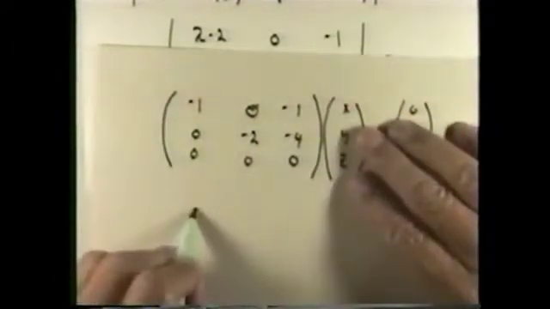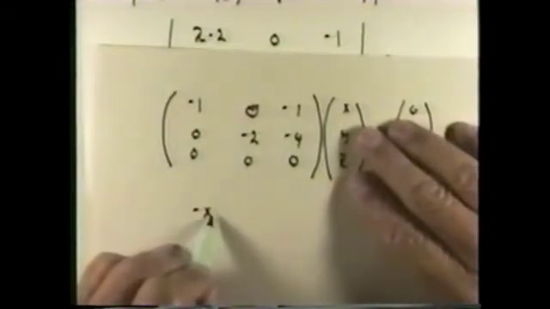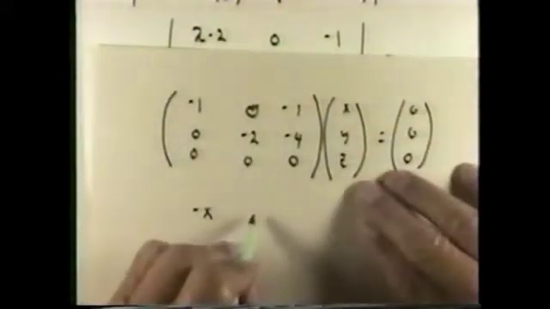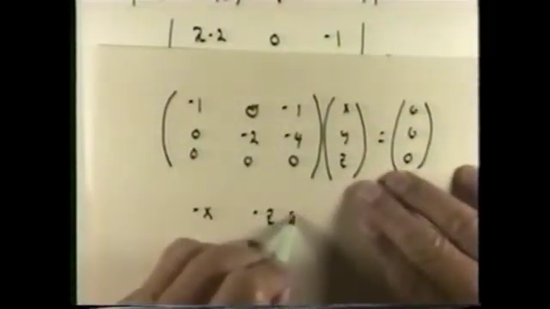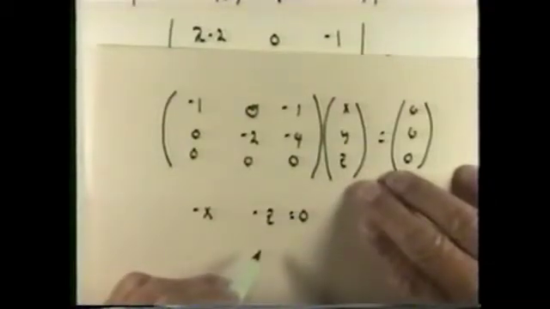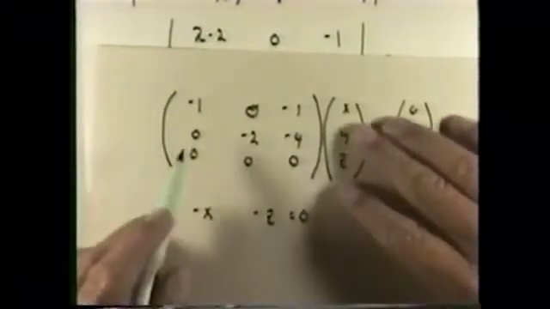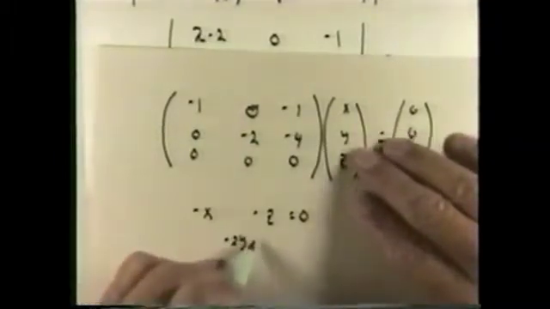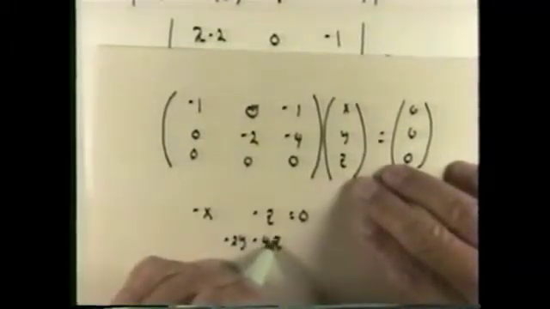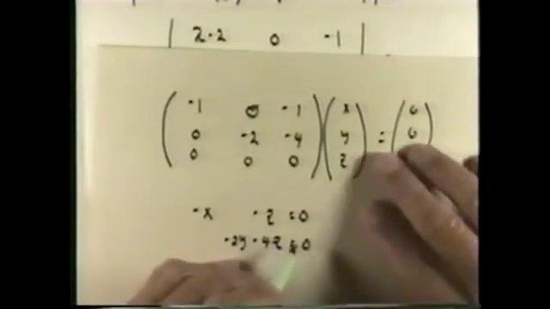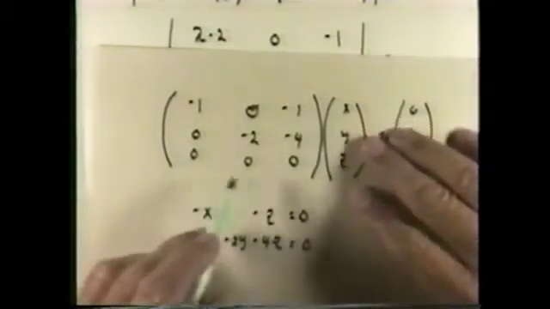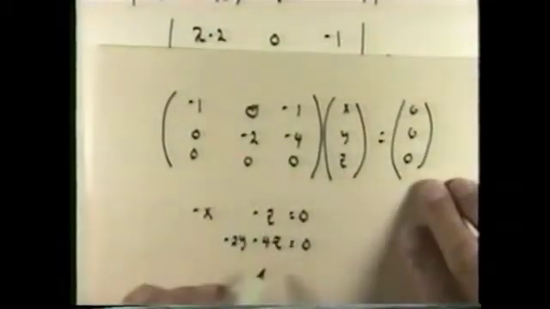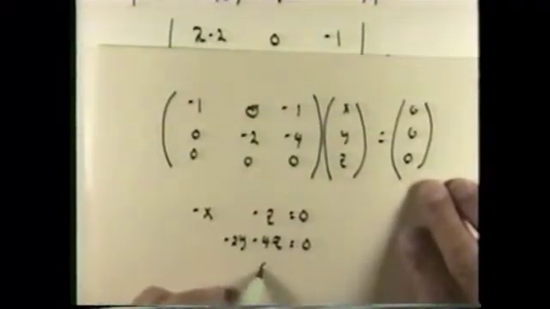Now that means the opposite of x plus 0y minus z is equal to 0. 0x minus 2y minus 4z is equal to 0. 0x, 0y, 0z is equal to 0. So I just get 0 equals 0 for the one on the bottom.